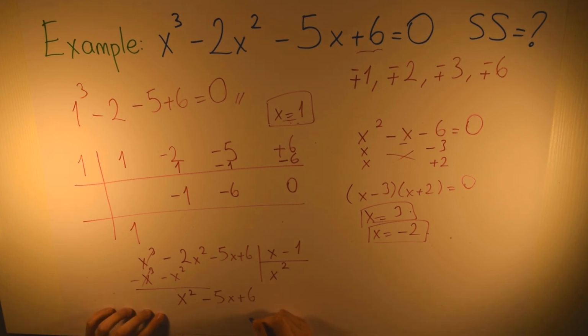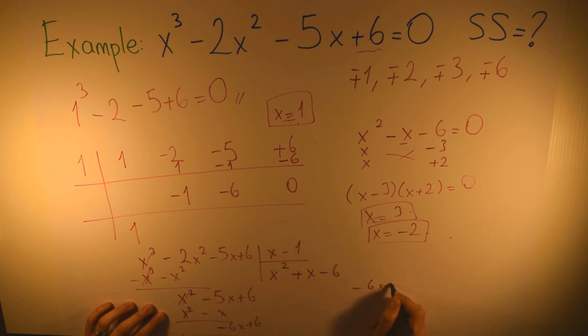I have to multiply by x to get x squared. It is x squared minus x, and then from here this will cancel out. I will get minus 6x plus 6, and when I multiply this by 6 I will get minus 6x plus 6, and from here we will get 0.